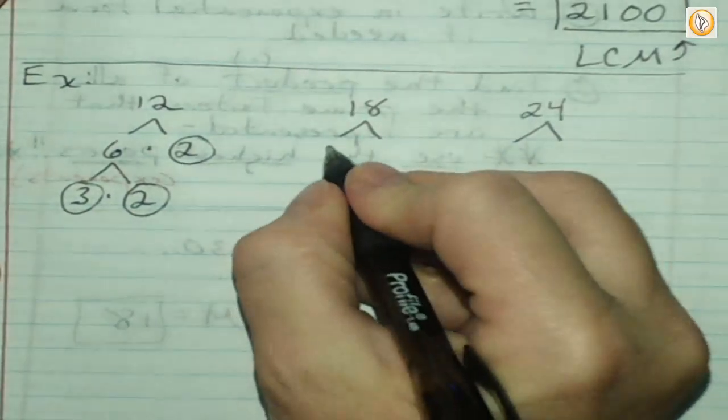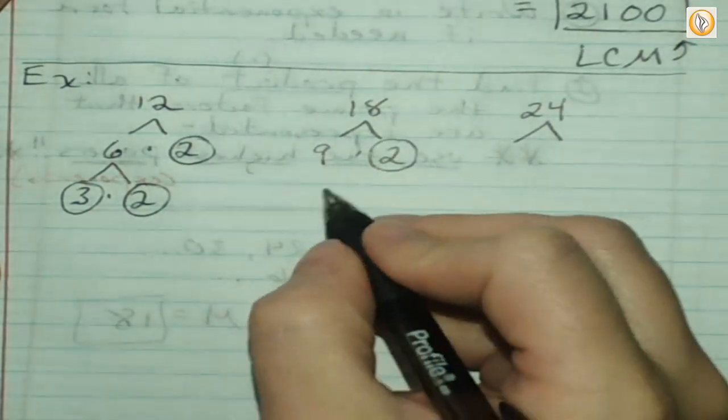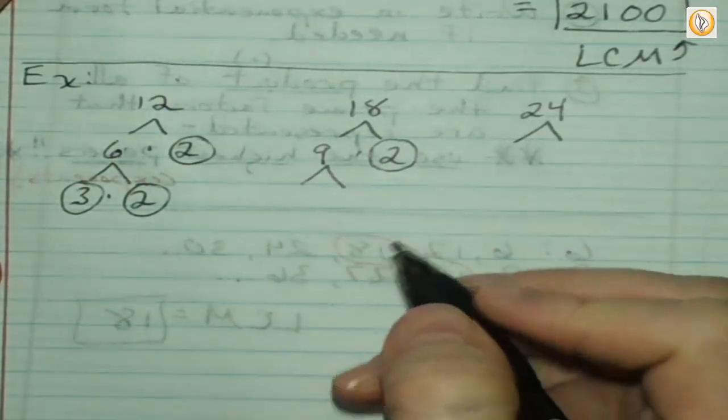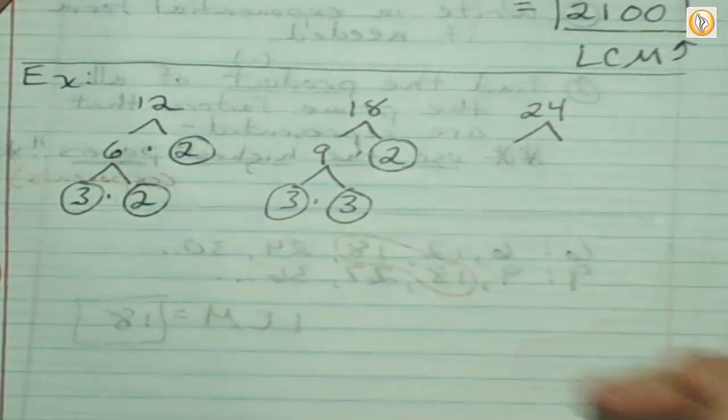All right, Michaela, what two numbers when multiplied give me 18? 9 and 2. 9 times 2. 2 is prime, and we're circling that. Is 9 prime? No. What two numbers give me 9? 3 and 3. 3 times 3, and those are prime.